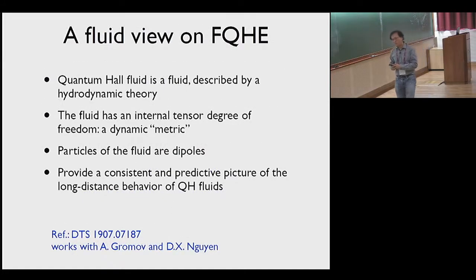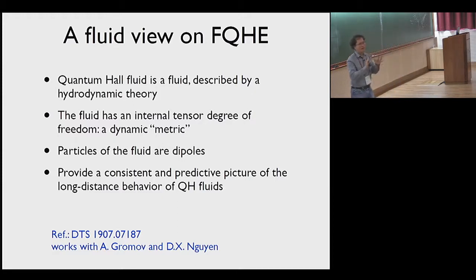So I want to present to you a view of the fractional quantum Hall effect that only explains some subsets of the physics of the quantum Hall effect. But on the other hand, it's a very interesting complementary view on the physics. It's based on a picture of the quantum Hall fluid as a real fluid.